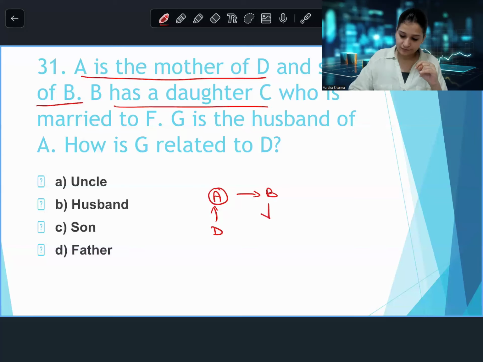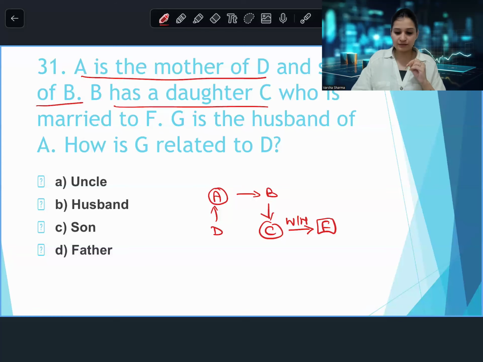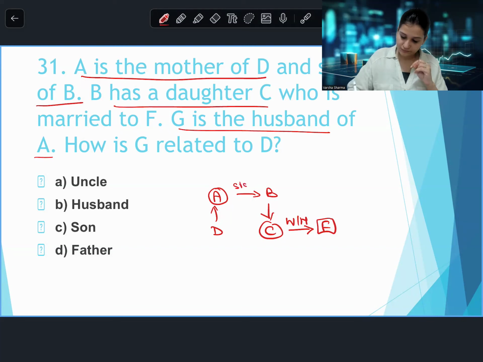B has a daughter C who is married to F. That means C is married to F. Yes? G is the husband of A. So if A is the mother of D, then G is the father of D. Yes, ma'am.